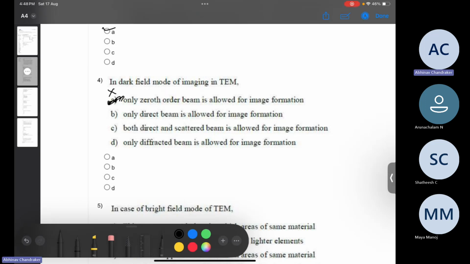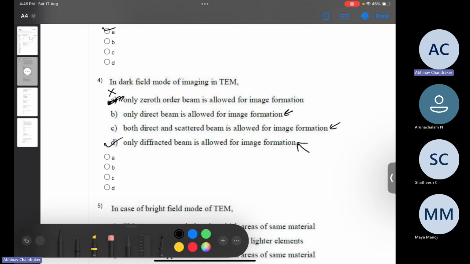Then direct beam is used for bright field, we know, and for dark field only the diffracted beam is used. The reason for using the diffracted beam I had covered while discussing dark field imaging.